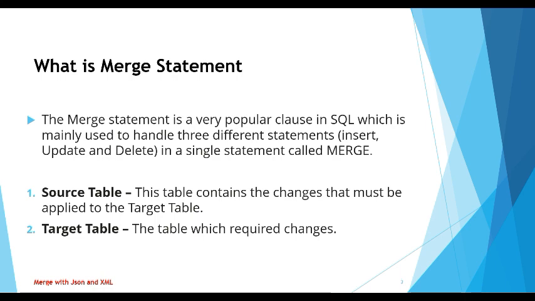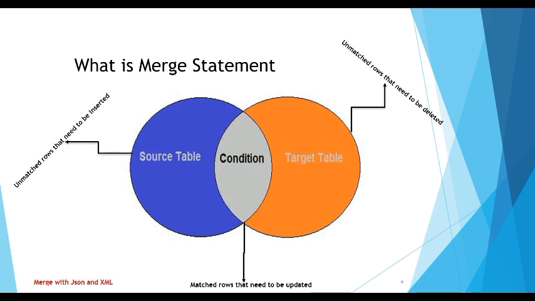So merge in SQL merges the two tables to form a single target table where entries are inserted, deleted, or updated based on their presence or absence in the source table. These pictures illustrate the source and target tables with the corresponding actions: insert, update, and delete.